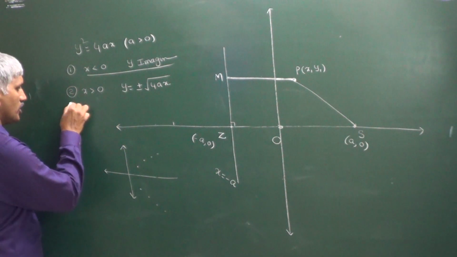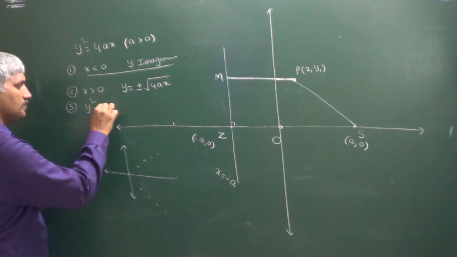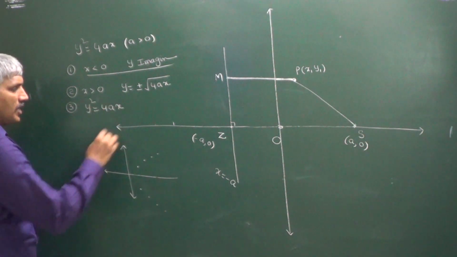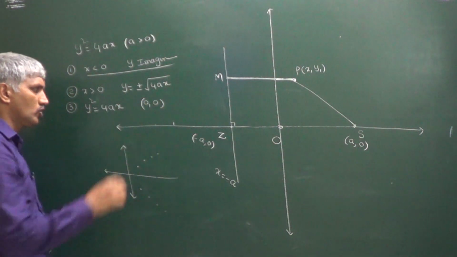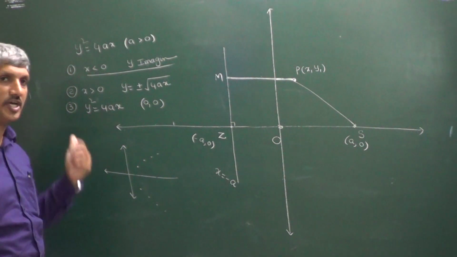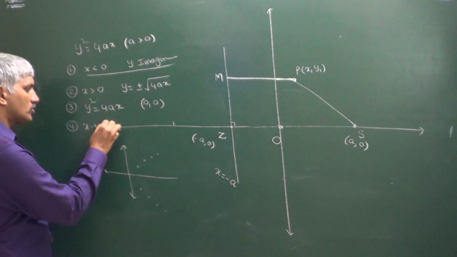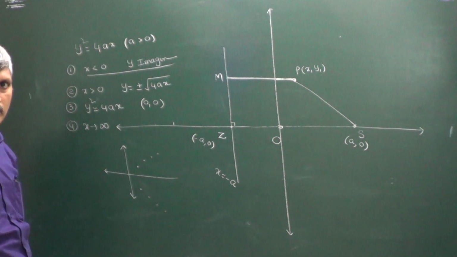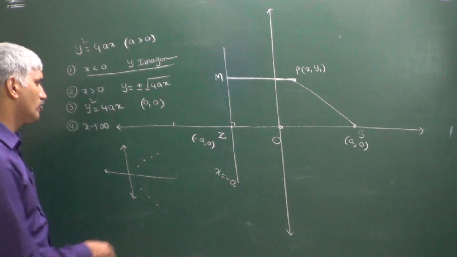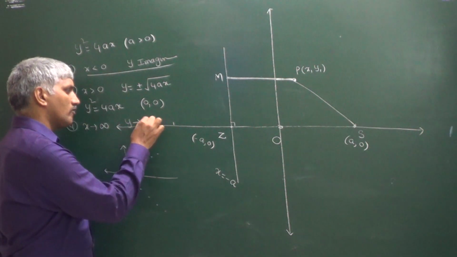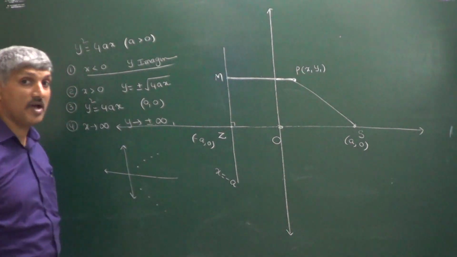At the same time you can check y square is equal to 4ax is passing through the origin also. Substitute (0, 0) here, it is satisfying. At the same time, the next point is as x values are tending to infinity, no doubt the values of y are tending to plus or minus infinity.